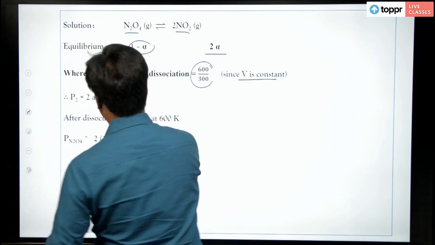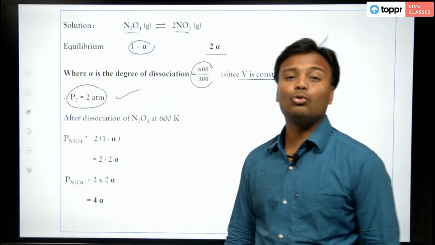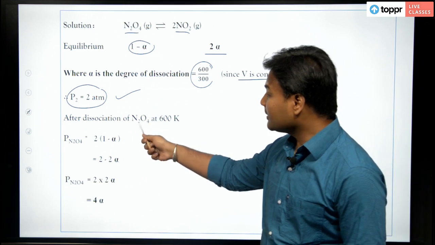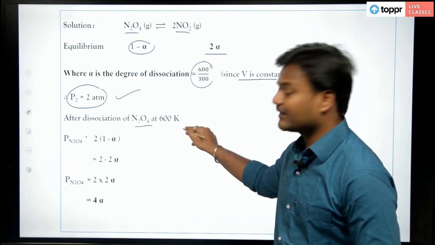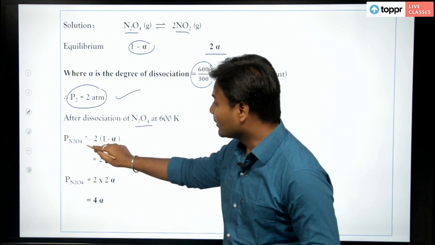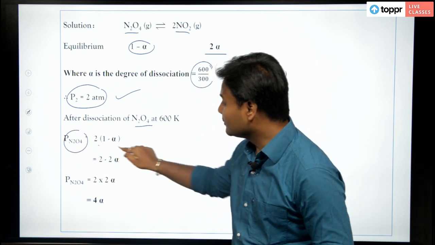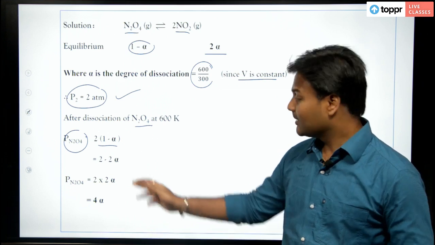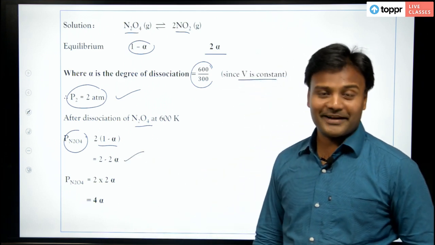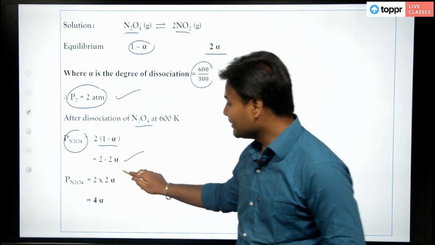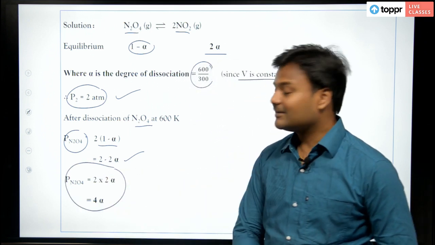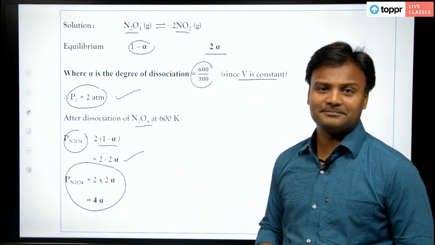So P2 is found to be 2 atmosphere. After dissociation of N2O4 at 600 kelvins, the partial pressure of N2O4 is 2 into 1 minus alpha, that is 2 minus 2 alpha. Here NO2 is giving you 4 alpha.